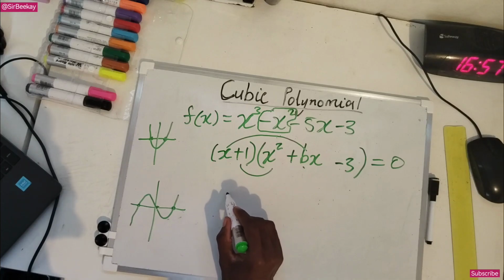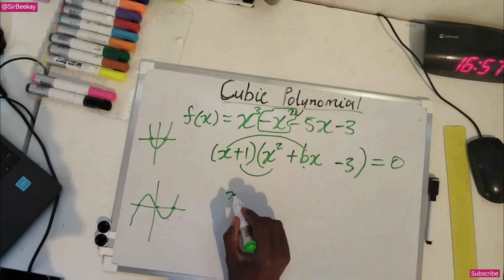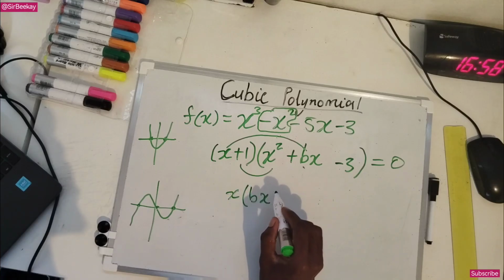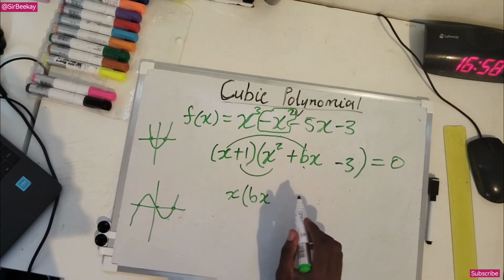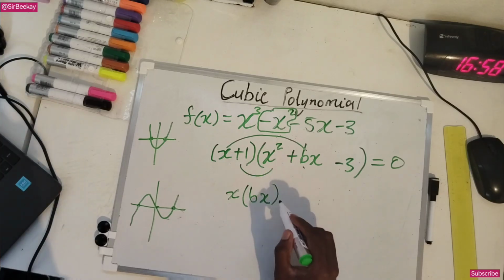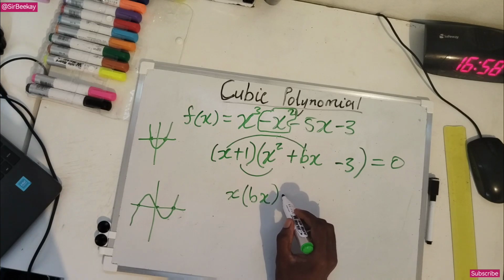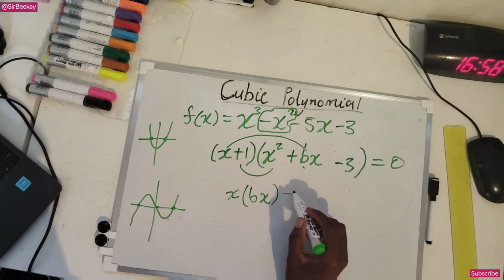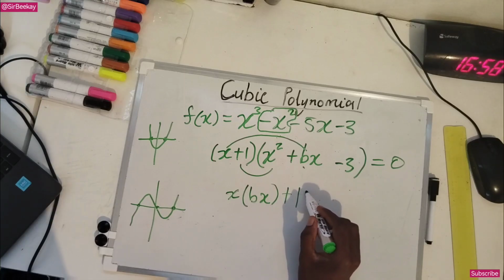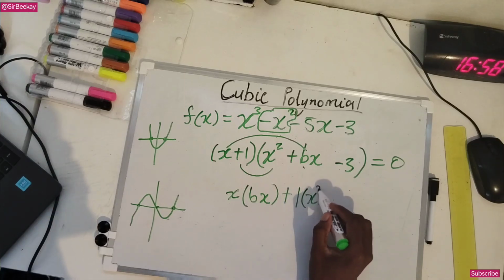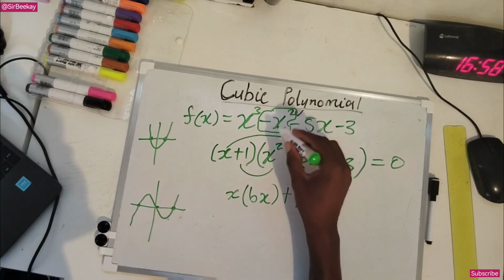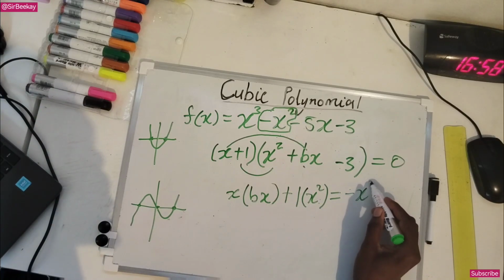Basically, we're going to have x into bx plus 1 into x squared being equal to the negative x squared there.